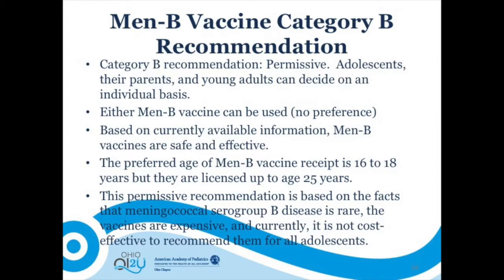Based on the currently available information, the Men-B vaccines are safe and effective. The preferred age of receipt for Men-B vaccine is 16 to 18 years, but they're licensed up to age 25 years. And the reason for this permissive recommendation is because meningococcal serogroup B disease is rare, the vaccines are expensive, and currently it's not cost-effective to recommend them for all adolescents.